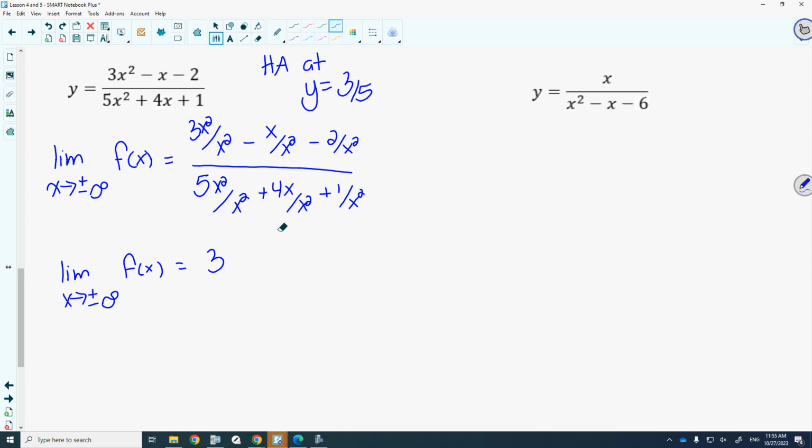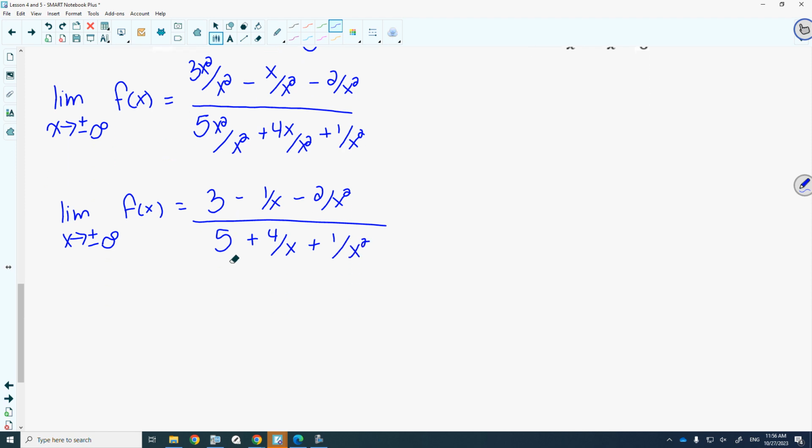So we're going to get 3 minus 1 over x minus 2 over x squared, 5 plus 4 over x plus 1 over x squared. We know that all of these will go to 0. And we're going to get 3/5. That's our limit.